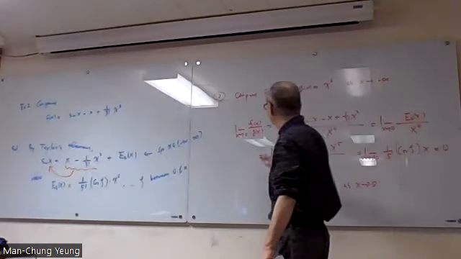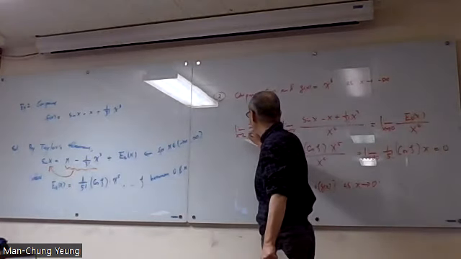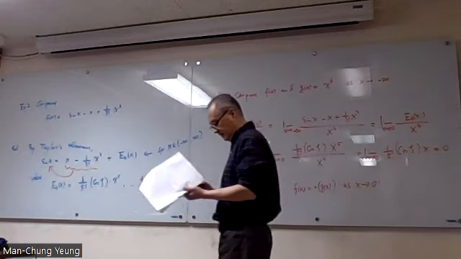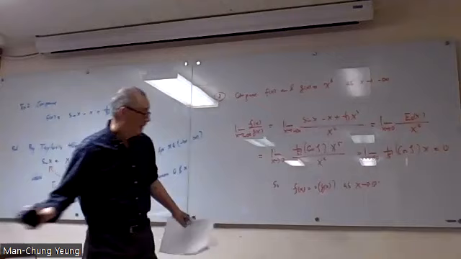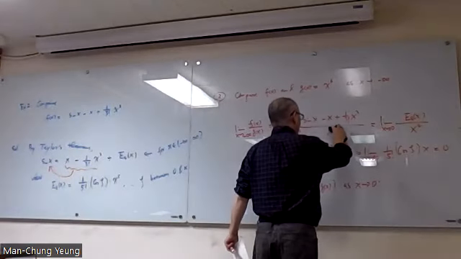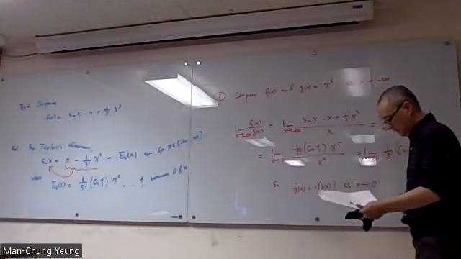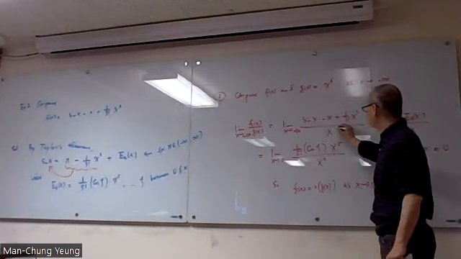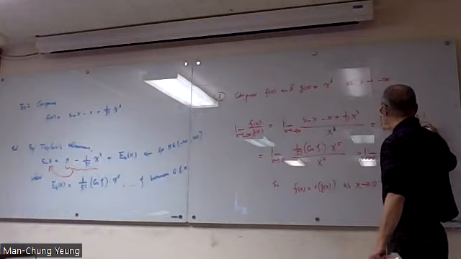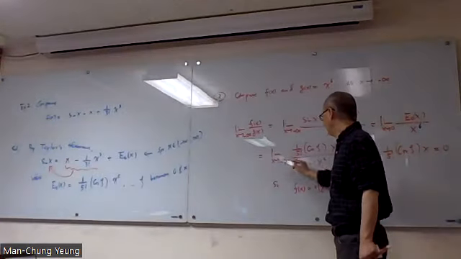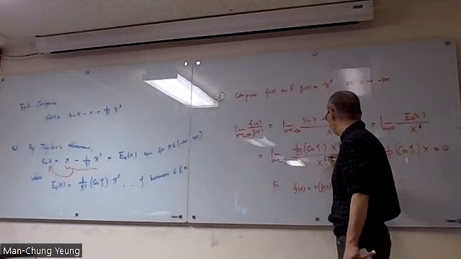Now I compare this limit, negative infinity. Function g now is x to the 6.